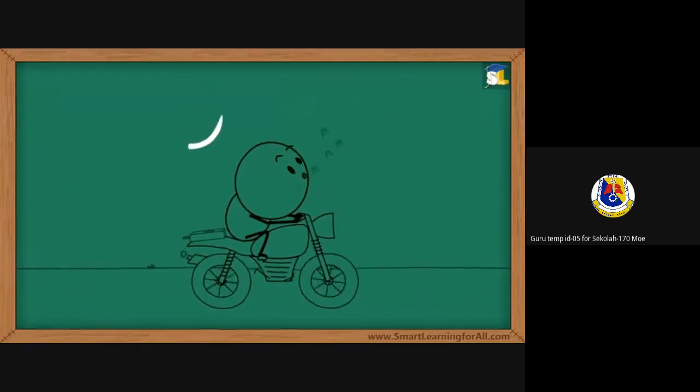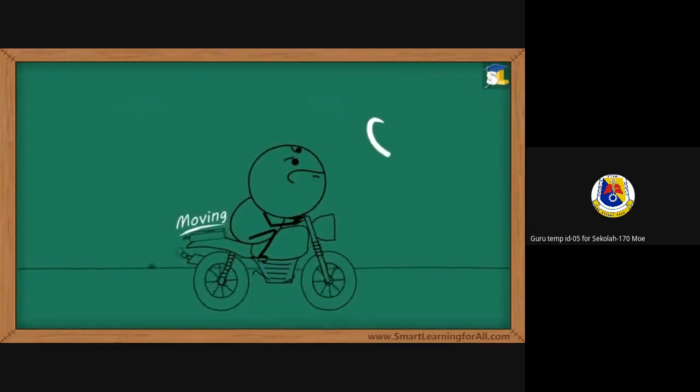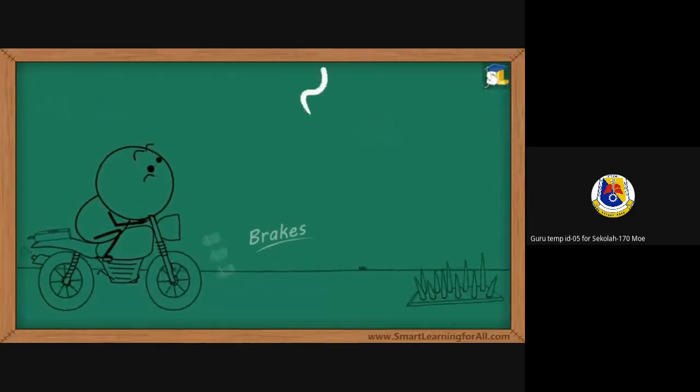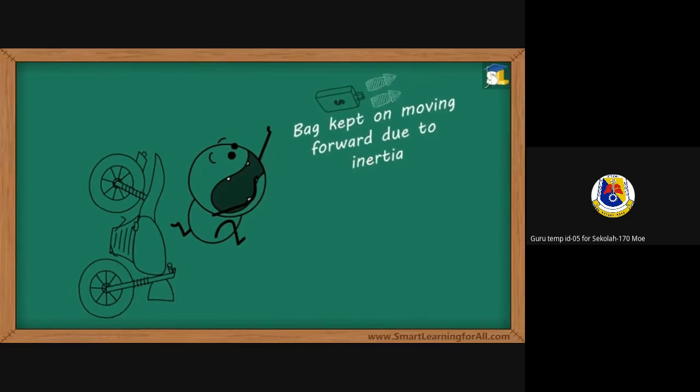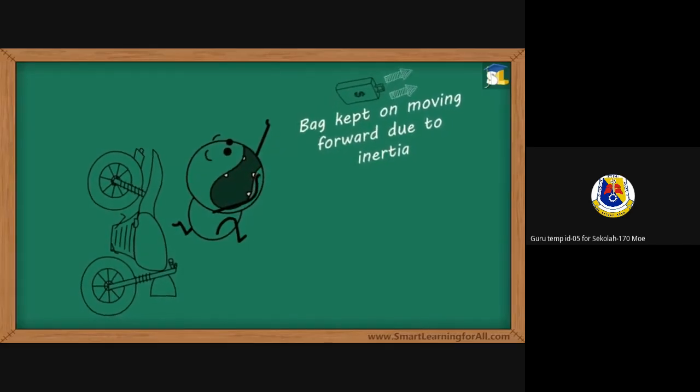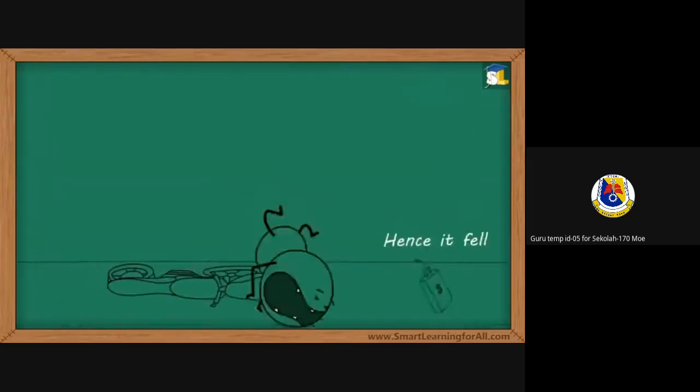So, in this case, when the bag was on the bike, it was moving along with the bike. Now, when brakes were applied suddenly, the bike stopped, but the bag kept on moving forward due to inertia of motion, and hence it fell.